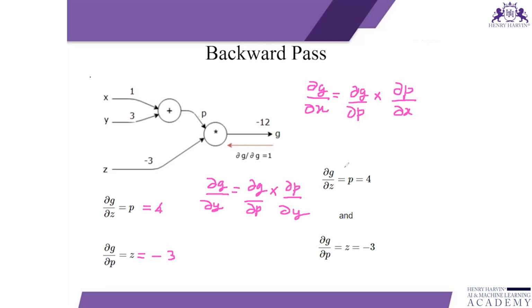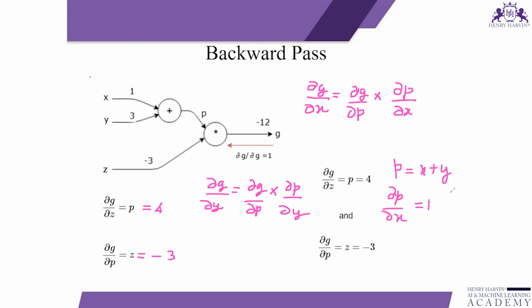So here we know that P is equal to X plus Y. We are supposed to find dou P by dou X, right? So I'm writing dou P by dou X, and that's going to be 1 plus 0, which is nothing but 1.